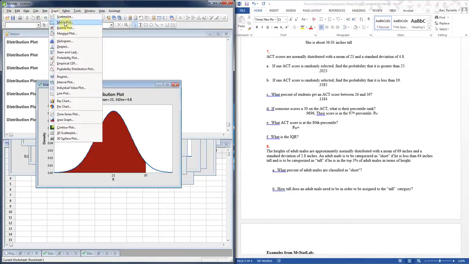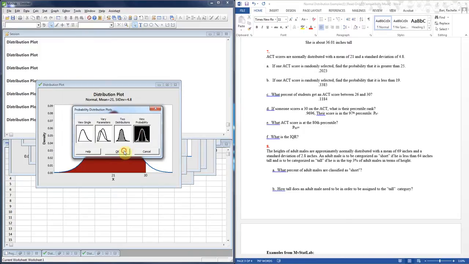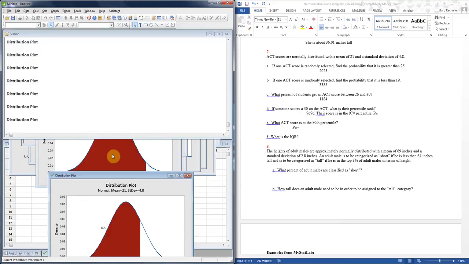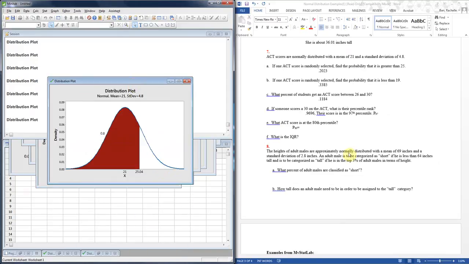So let's go to Graph, Probability Distribution Plot, Probability View, and here I want stuff to the left, but I want probability view, not X's. So I want the lower 80%. Where is it? Ooh, it's a 25.04. So we'd probably report this as a 25 because you can't score a 0.04 on the ACT.